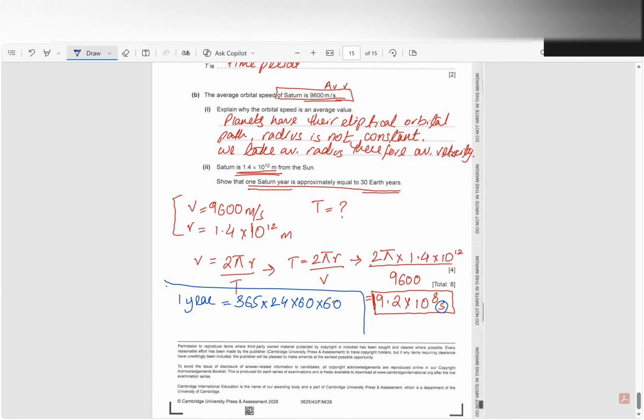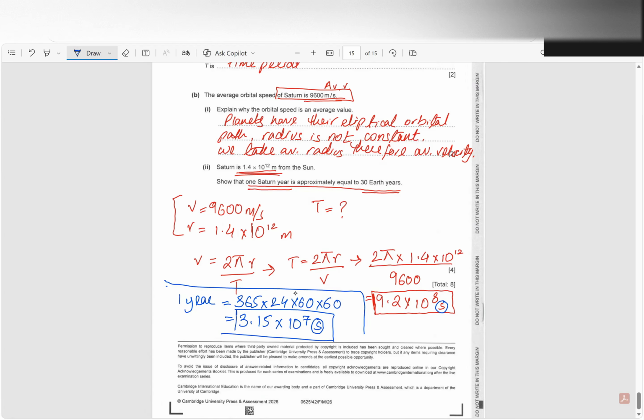So the answer is the one year in seconds, which is going to be 3.15 into 10 raised to power 7 seconds, guys. So in one Earth year, these many seconds are taken.